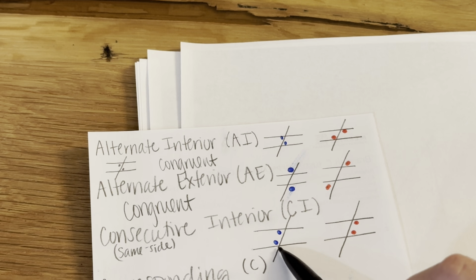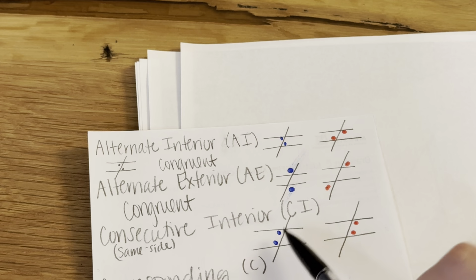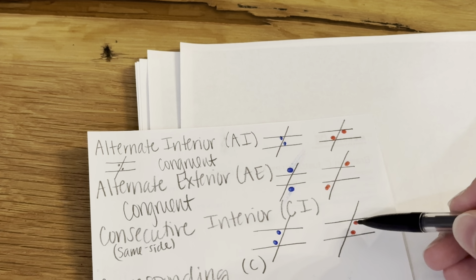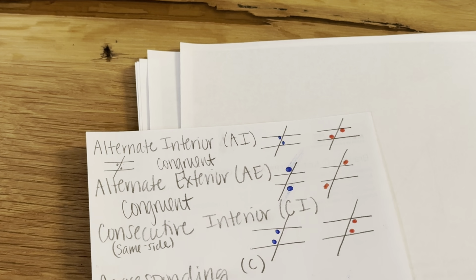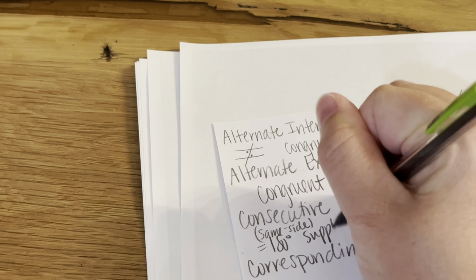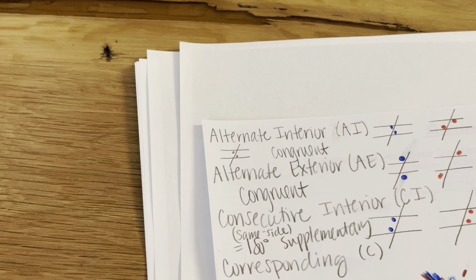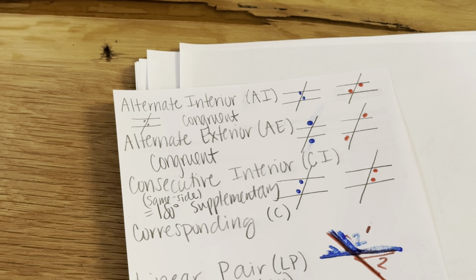This angle here, I drew it, it's obtuse, and this angle is acute, or maybe over here, this angle is acute and this angle is obtuse. They are not the same. The way that they are related is that they are supplementary. These equal 180 degrees. And that's if your lines are parallel, then that's true.